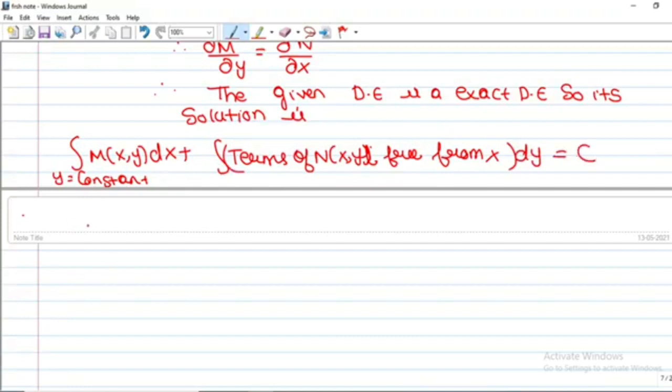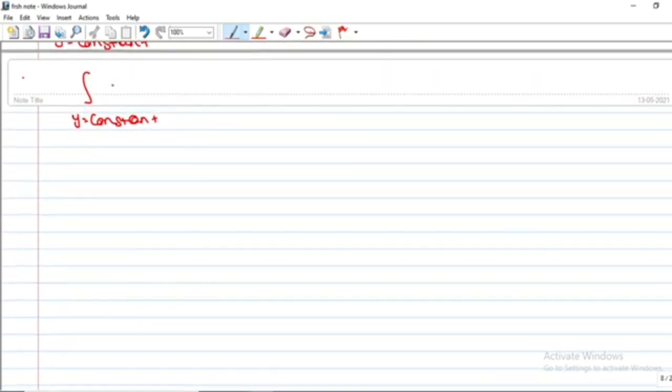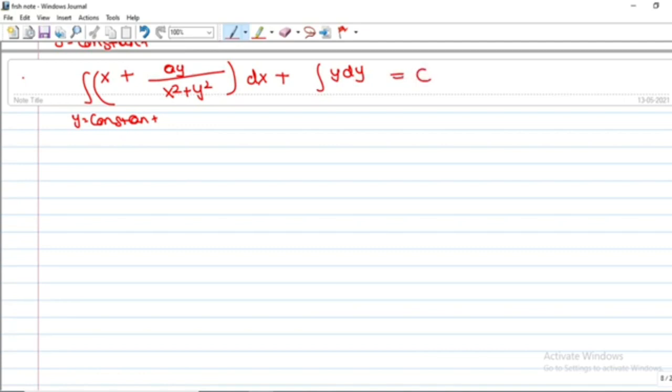Constant, let's substitute the value and see what we are getting. So finally, we are going to be left with x plus... So here there is only one term of y.